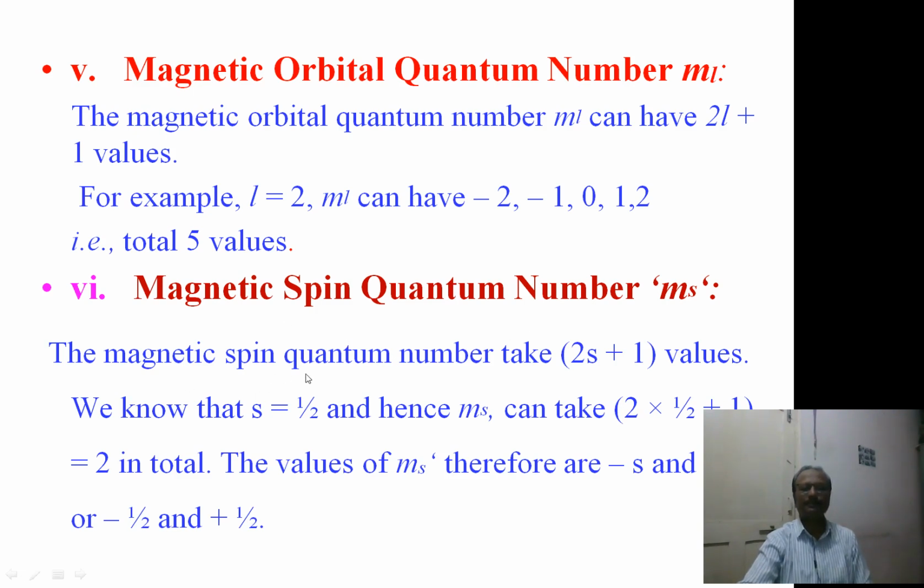So the magnetic spin quantum number takes a total of 2s plus 1 values. We know that if s equals half, then ms can take 2 multiplied by half plus 1, that is a total of 2 values. Therefore the values of ms are minus s and plus s, or minus half and plus half.